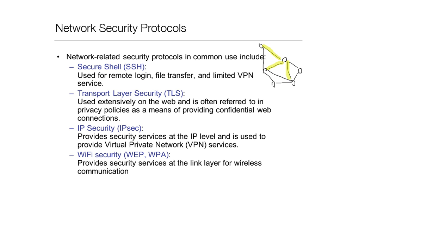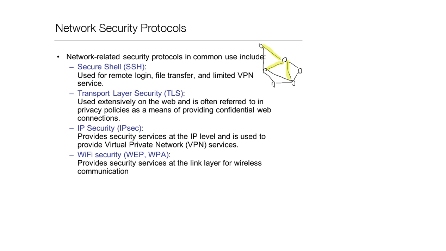So these are the security protocols we use often, and you can see these different security protocols are active in different layers. Some are active in the application layer: SSH and TLS. IPsec is active in the IP layer, and Wi-Fi security, WEP and WPA, is active in the link layer, linking the device to the network.